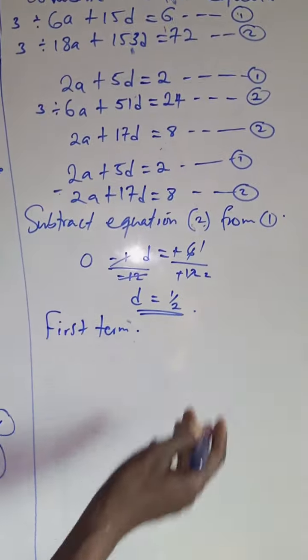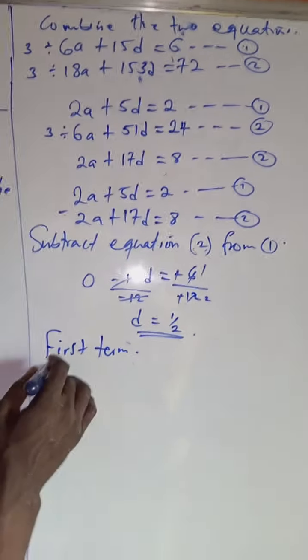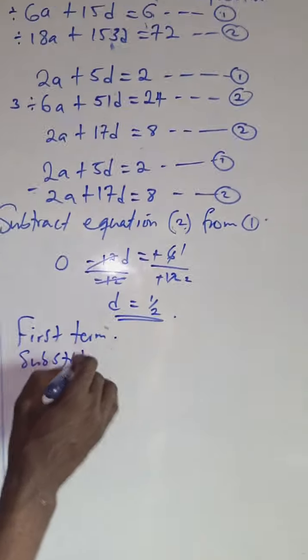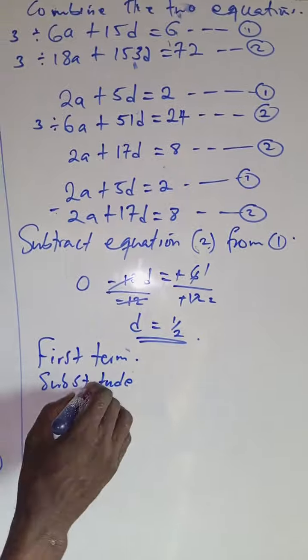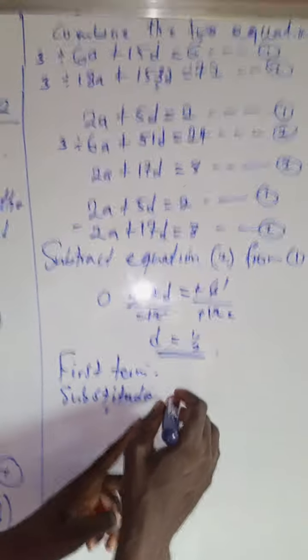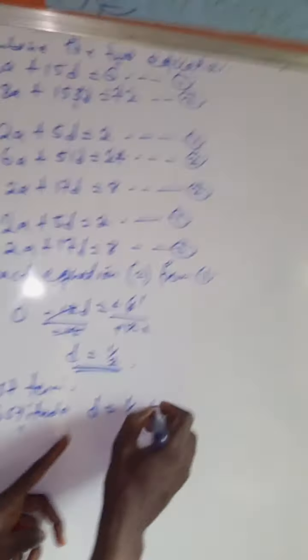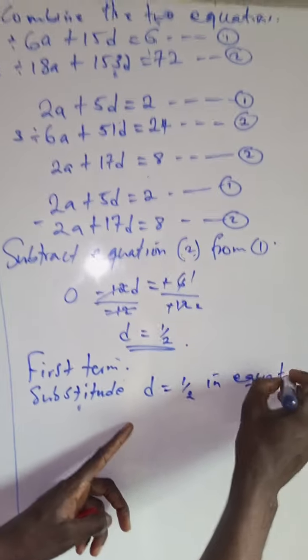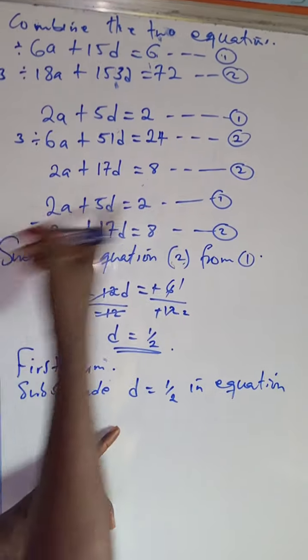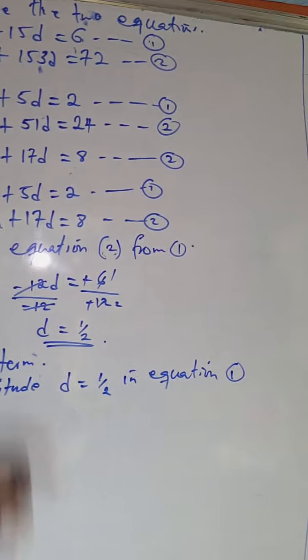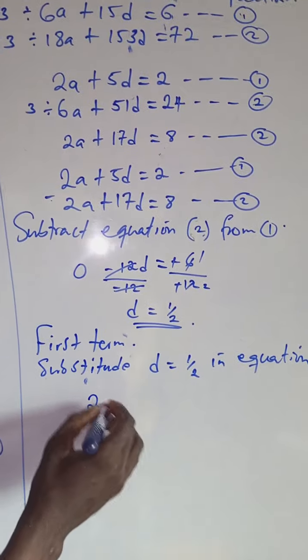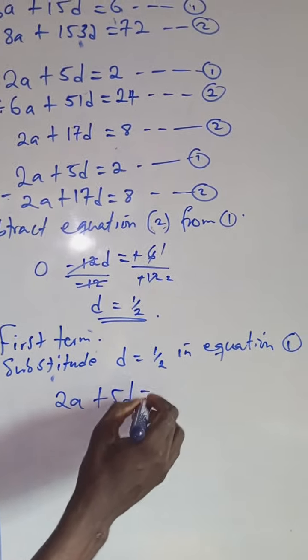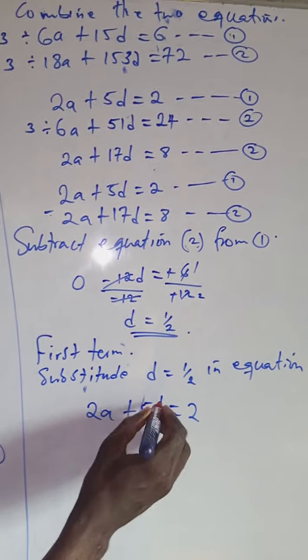I'll substitute d equals half into the simpler equation, equation 1. That is 2a plus 5d is equal to 2.